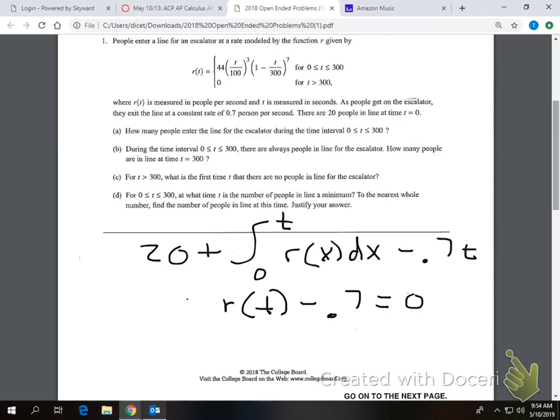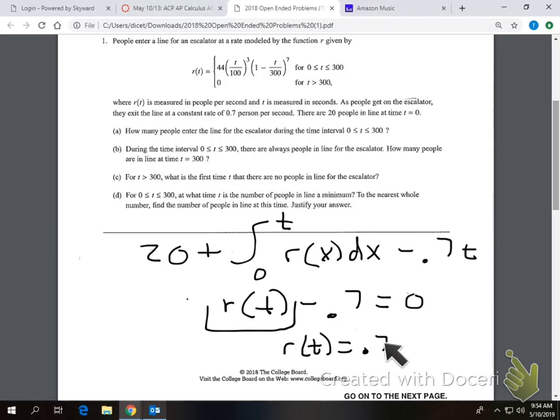Okay. So, now you're going to have to do some work. You already have this graph in your calculators, yes? I would want to know, when does r of t equal 0.7? Here's my suggestion to do this one. You're in your calculators. Guys, don't change this function. How can I find where the function you already have in your calculator is equal to 0.7?